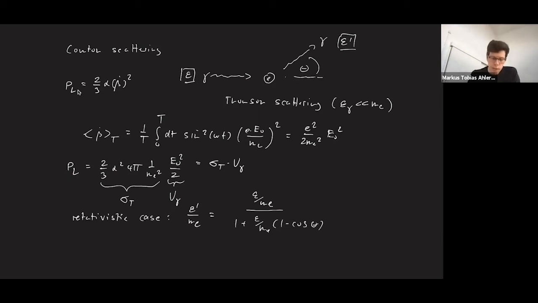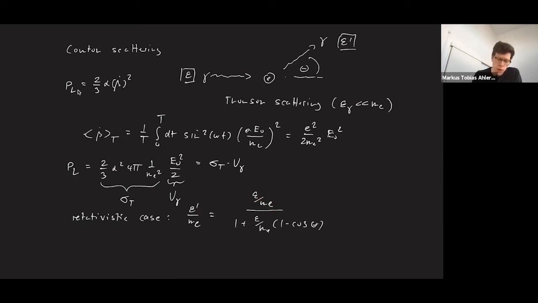So in the Thomson scattering case, epsilon, the incoming photon energy, was much smaller than the electron mass. So this factor here is a small factor. In the Thomson regime, you see that epsilon prime is basically the same as the energy of the incoming photon. But if epsilon is not small compared to the electron energy, then the outgoing photon has a different energy.